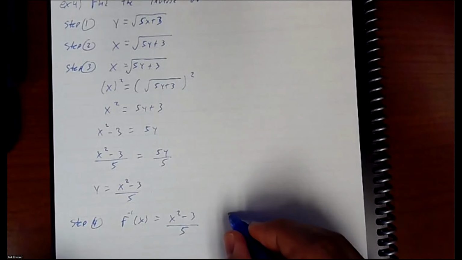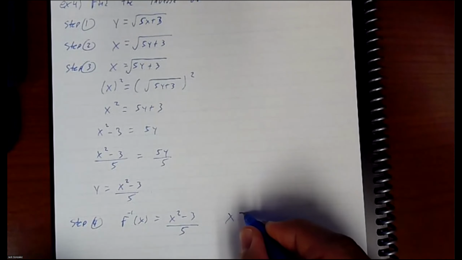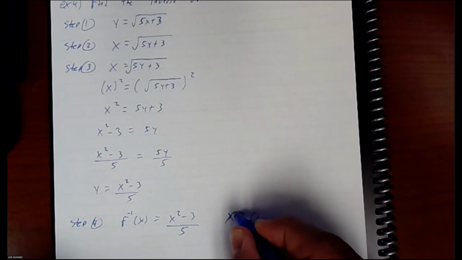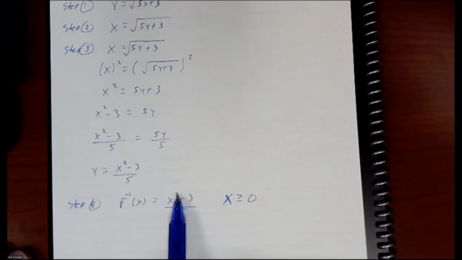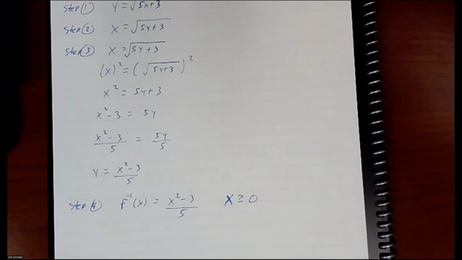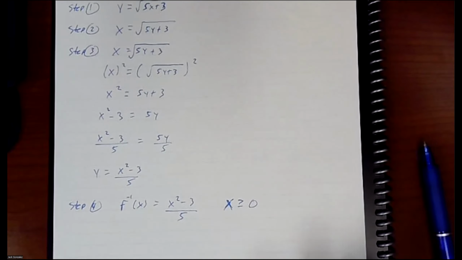The only thing is, remember that x must be greater than or equal to 0. You have to have a restriction for a square root, because otherwise you'll have both sides and it's going to fail the horizontal line test. But I think this will be given to you on the homework. Any questions on number 4?